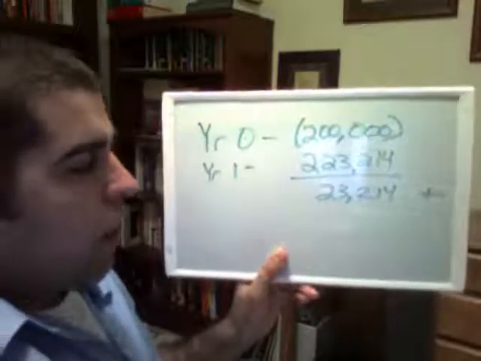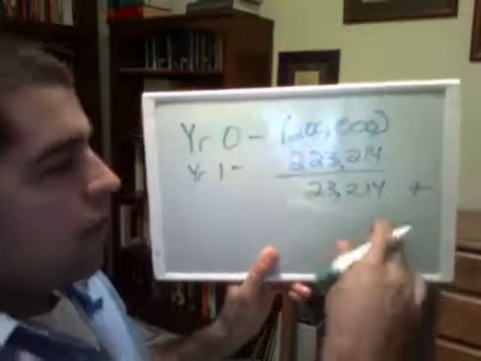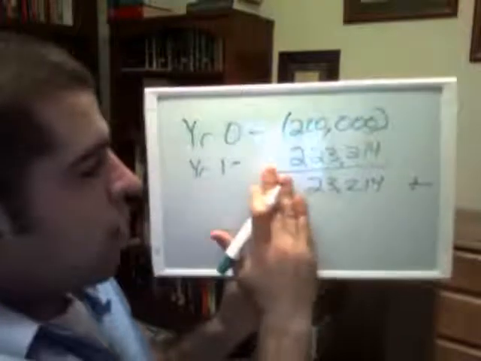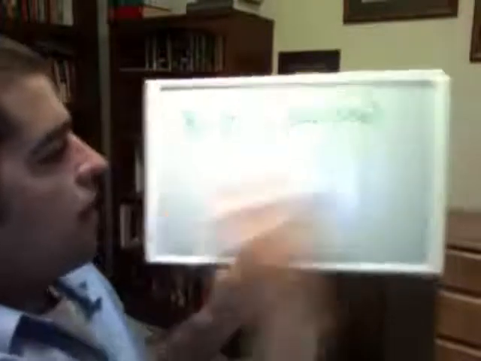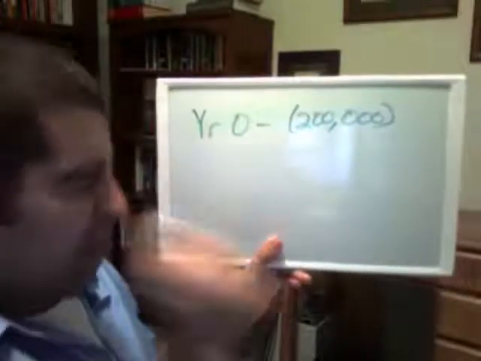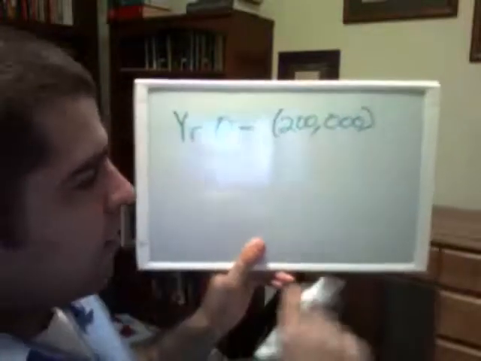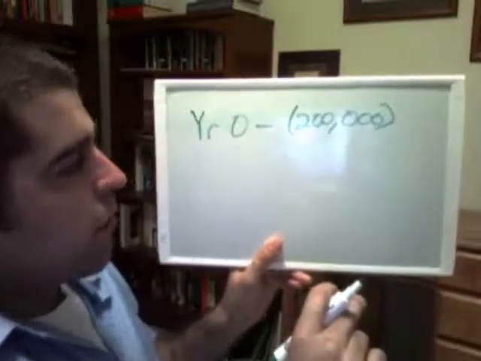Okay, so one thing that you're going to see going forward is you're going to have a lot more different inflows and outflows than when we saw right here. What would happen if instead of the $250,000 occurring at the end of year 1, what happened if it was at the end of year 2?